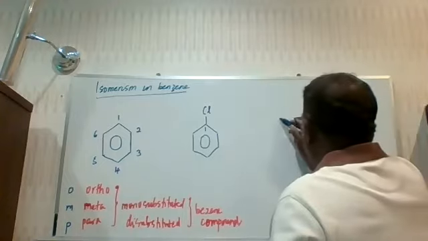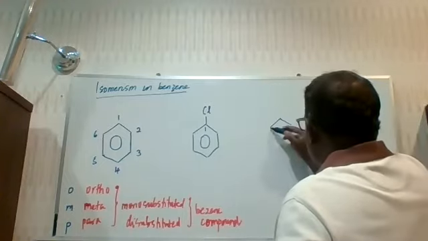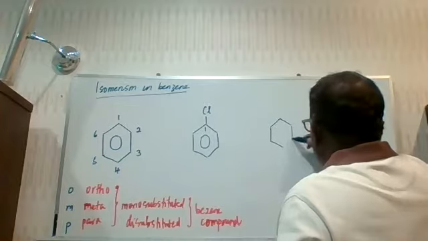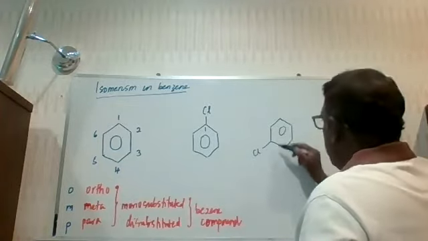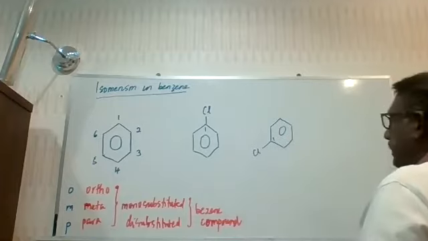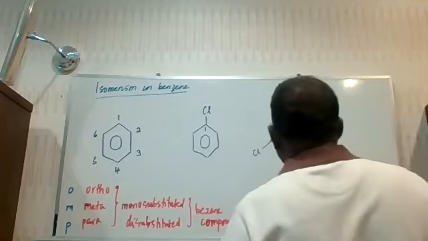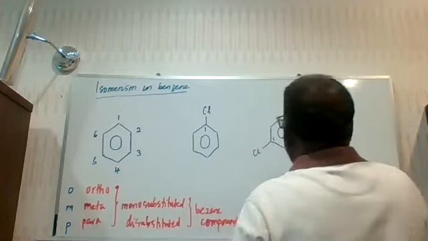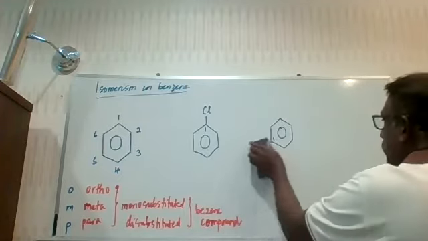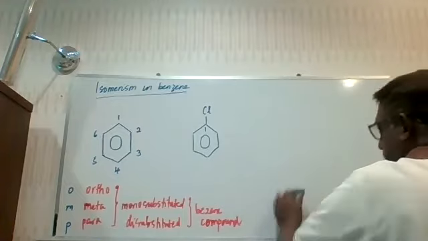If you have this structure and your chlorine happens to be here, then that carbon becomes carbon 1. Where the chlorine is, it becomes carbon 1. This is called a monosubstituted benzene.